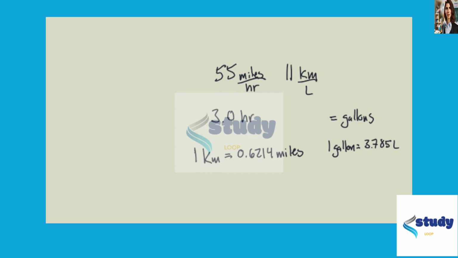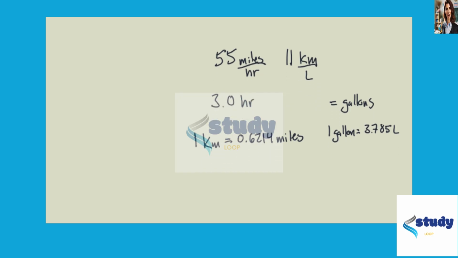And what we're going to do is convert these into conversion factors. The way we do that is we pick either side of the equation and divide both sides of the equation by that side. So let's say in our case, we've got 55 miles per hour. If we want to get rid of miles in our answer, then we want miles in our denominator.